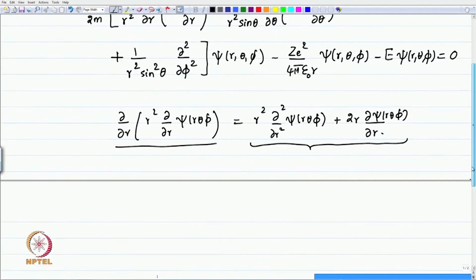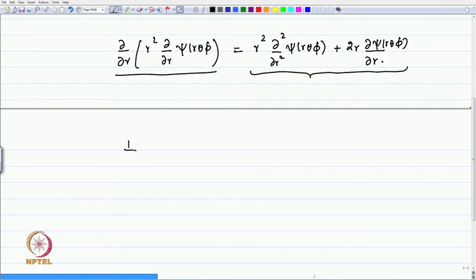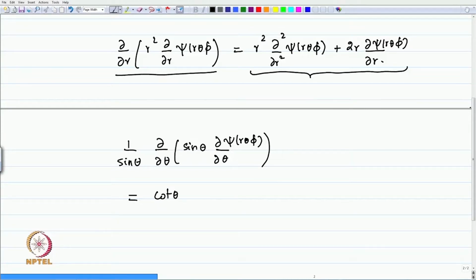Okay? And second, when you write 1 by sin theta in a similar way, dou by dou theta of sin theta dou psi by dou theta of r, theta and phi, this again means two terms, namely the sin theta derivative being a cot theta here because it is cos theta by sin theta, then you have dou psi by dou theta, plus, sin theta cancels when you do not take the derivative, it is dou square psi by dou theta square.